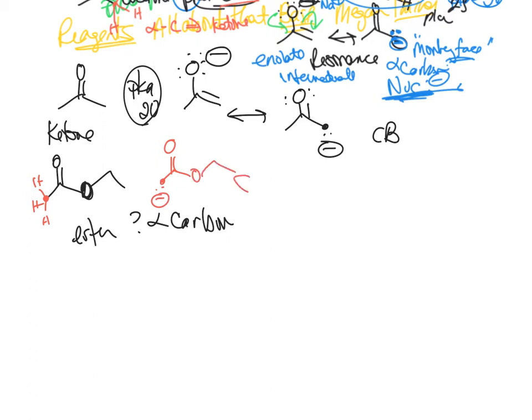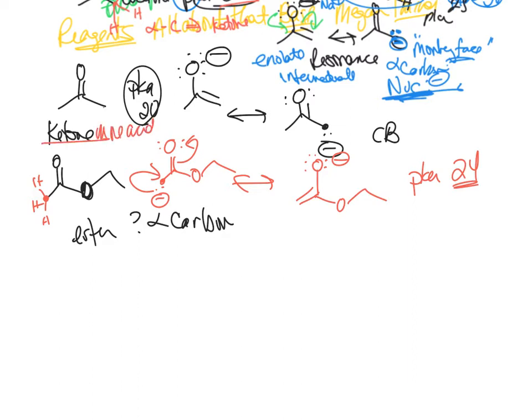And if we have to draw our resonance structures, what's that pKa? That one is 24, so it's up there with the alkynes. So a ketone is more acidic than an ester. That's going to be important. You're going to need to know that.